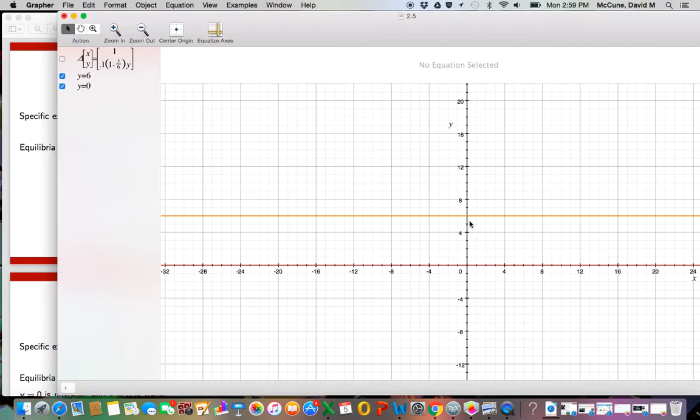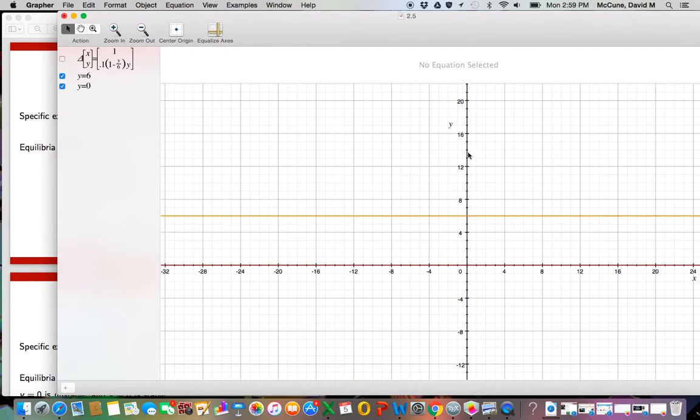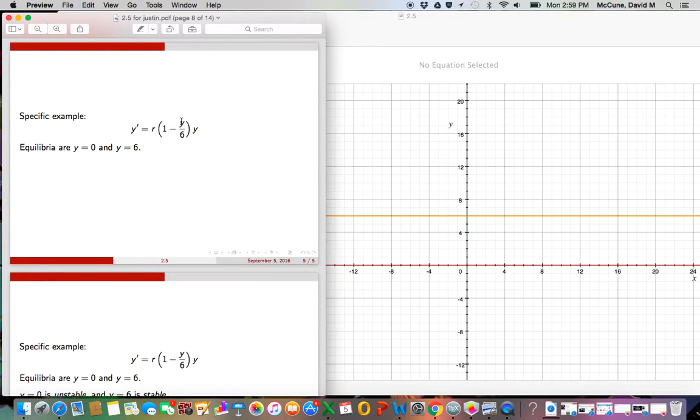So anyway, my only point is that if y lives between 0 and 6, so any y value in this box here, between the red line and the orange line, you would expect your graph to rise, which again, we already knew from looking at the slope field. These arrows go up. On the other hand, suppose you're up here, at y equals 12. If you plug 12 in for y, notice now you have r, which is positive, but now you have 1 minus 2, which is negative, times 12.